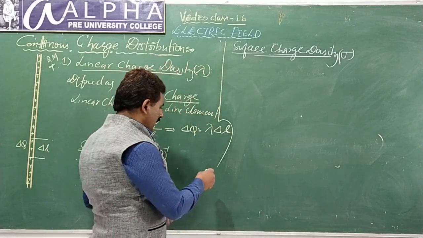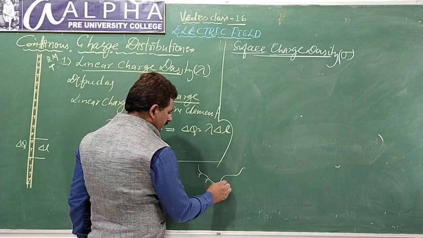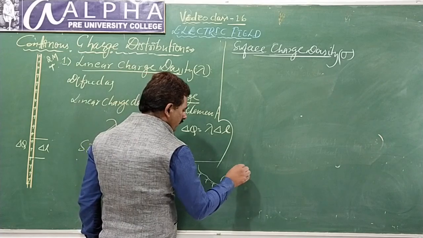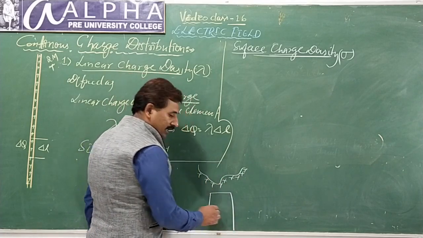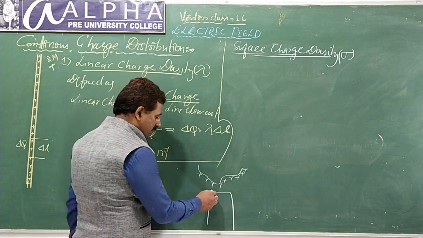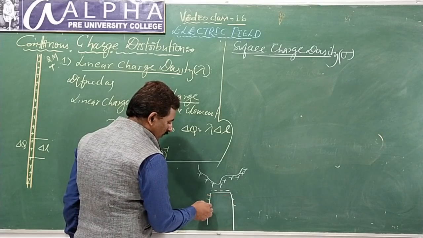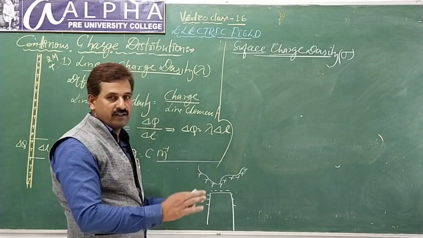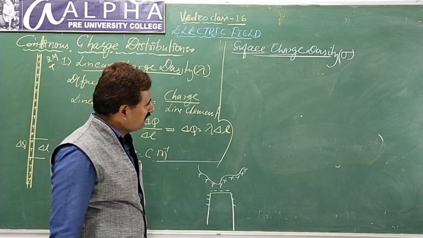For example, a cloud. The cloud is charged, and the charge is distributed over the lower surface of the cloud. When it comes very close to a tall structure like a building or tree, charges of the opposite kind are induced over the surface. Look here, over the surface. So surface charge density is quite a common thing in our day-to-day life with charge.